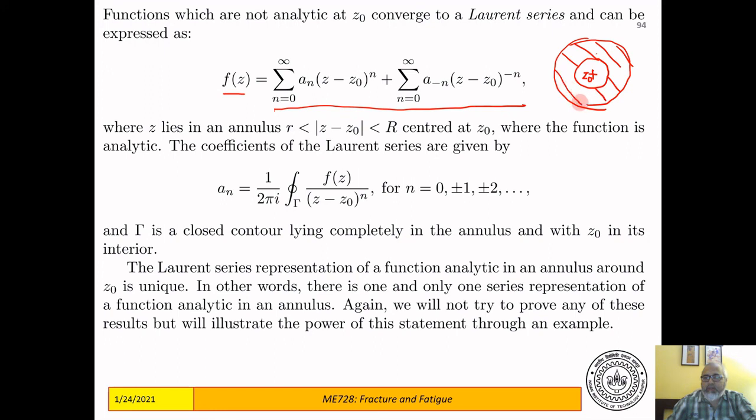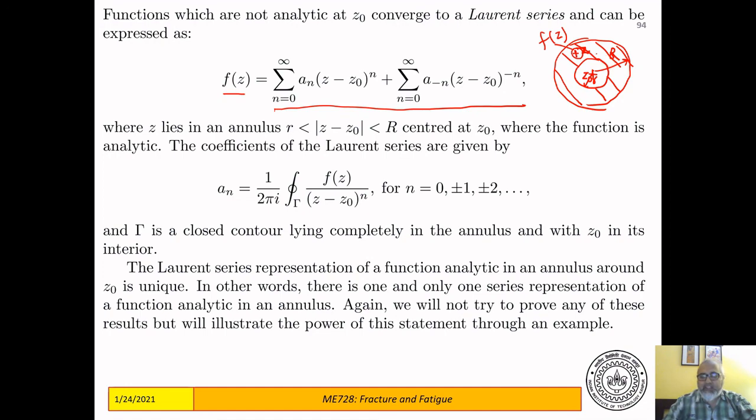So if you define it over this annular domain, with inner radius small r and outer radius capital R, and you have a point z here, the functional value here is f(z), and this Laurent series is guaranteed to converge to the value of f(z), provided z lies in this annular domain.